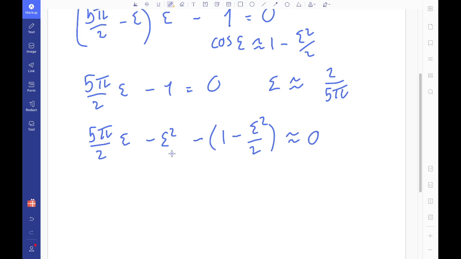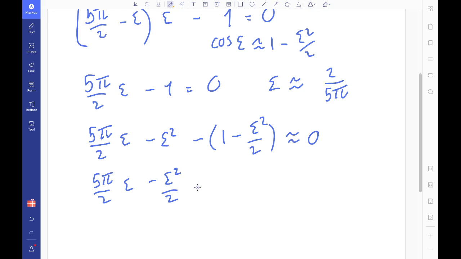All right, so when you do that, what do we get? Well, this 5 pi over 2 epsilon just remains the same. Then our epsilon times epsilon there, that's an epsilon squared, but we'll get another half epsilon squared from this bracket when we multiply that out. So we're going to get 5 pi over 2 times epsilon, minus epsilon squared plus epsilon squared over 2.